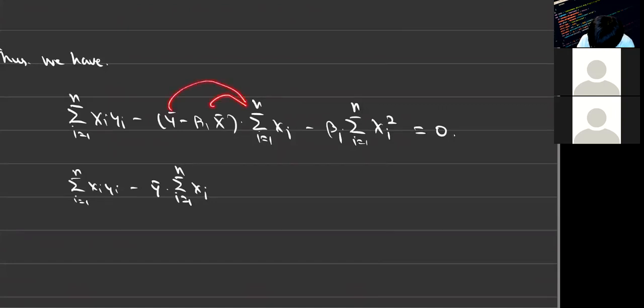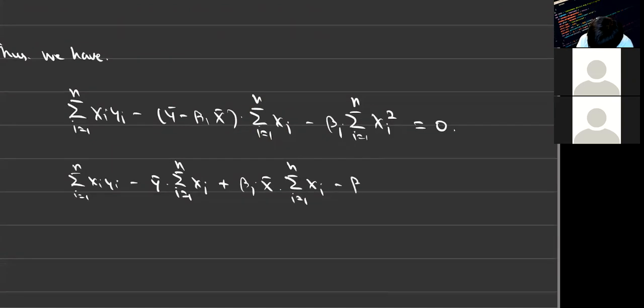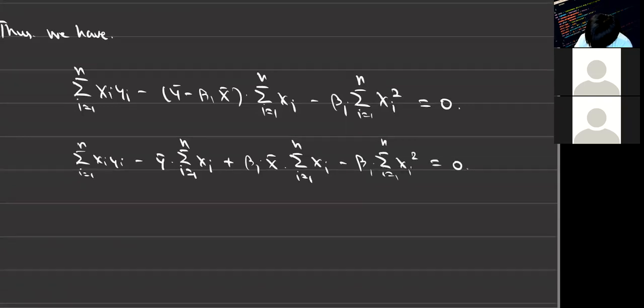Second thing is the second term in parentheses times this thing. So minus minus becomes plus beta 1, that stays the same, and then x bar, and then summation i from 1 to n xi. Okay. And the last term doesn't really change, so I'll just copy that down. And equal to 0 doesn't change.